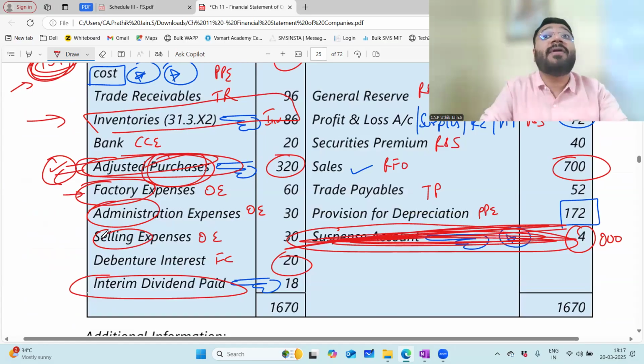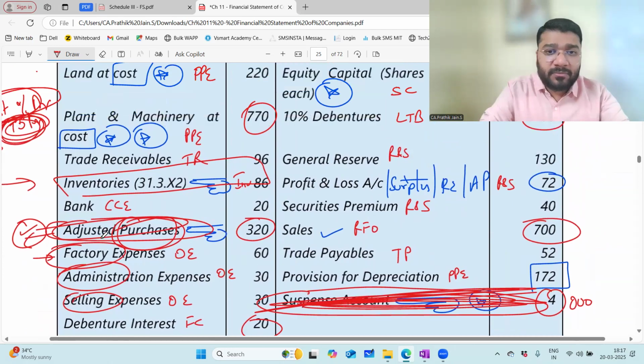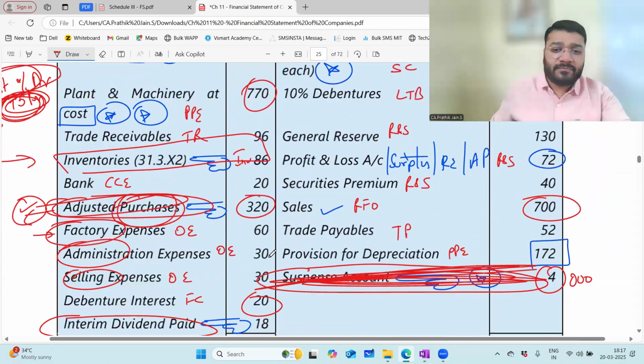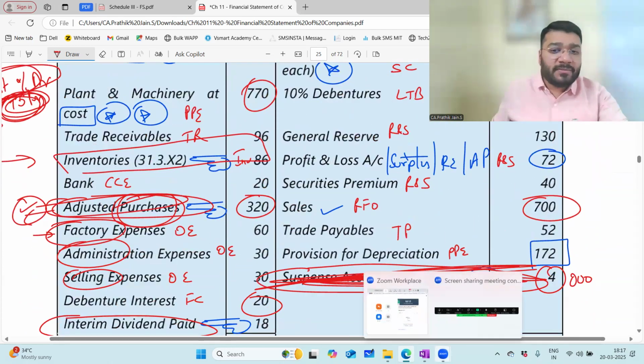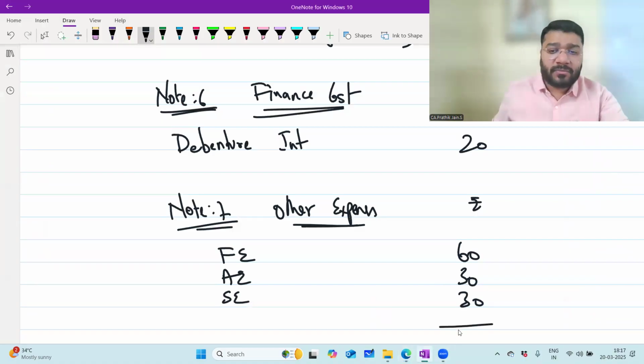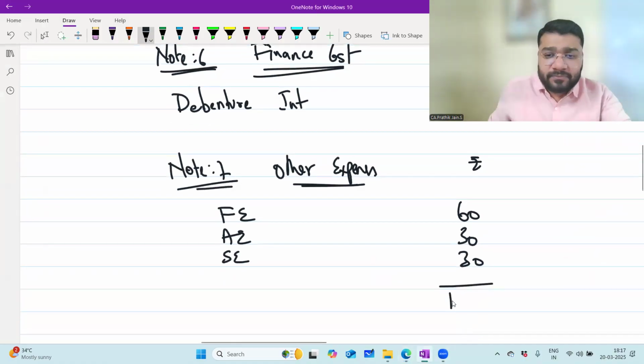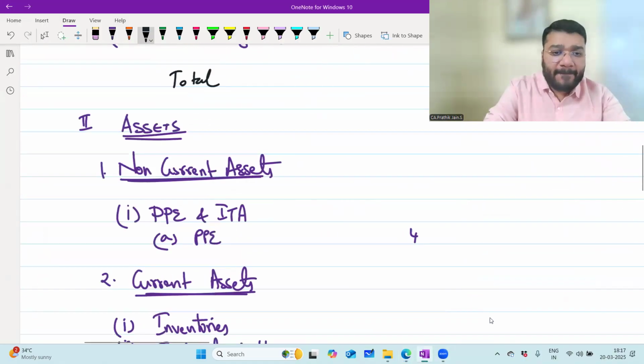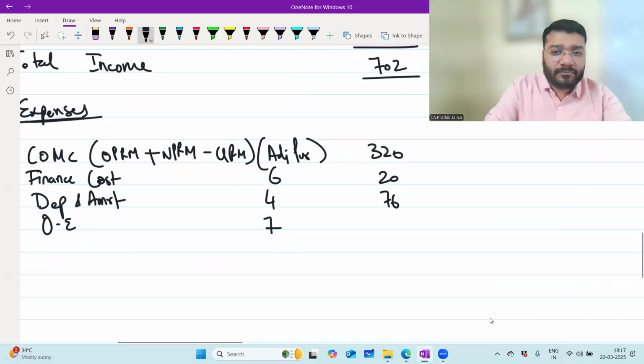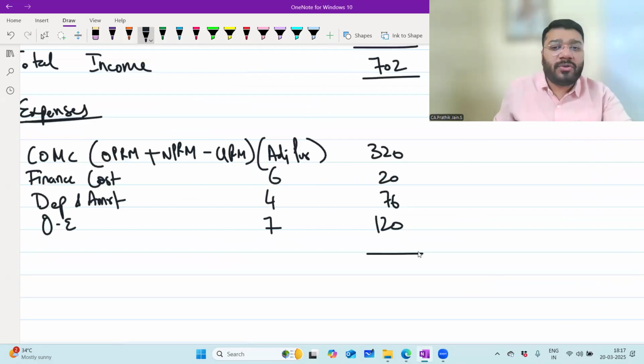Appropriation of profit. Interim dividend paid is appropriation of profit. That's all. Any other item, please? No. Total is how much? 120. Okay. Total how much? 536. 536 is the total expenses.